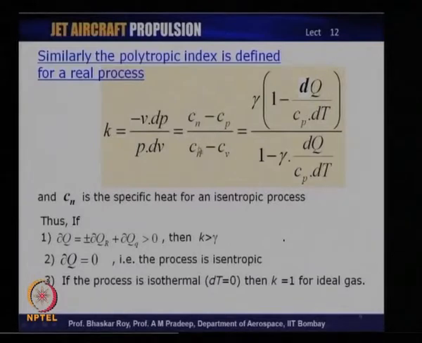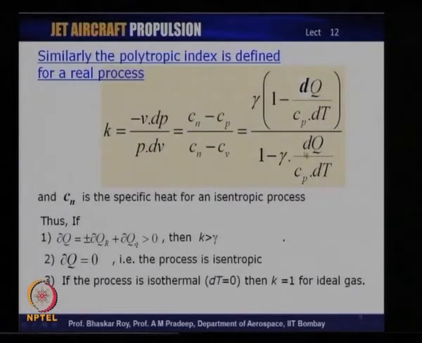And this can now be written from the earlier equations as Cn minus Cp, where Cn is the specific heat for an isentropic process, Cp is that for a constant pressure process, divided by Cn minus Cv, and that would be equal to, as one can derive from the earlier equations, gamma multiplied by 1 minus dq by Cp dT, and the whole thing divided by 1 minus gamma into dq by Cp dT.